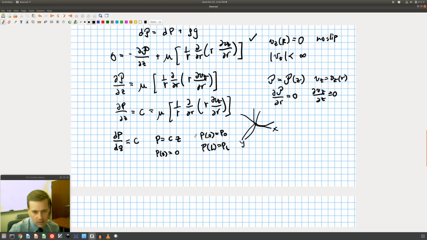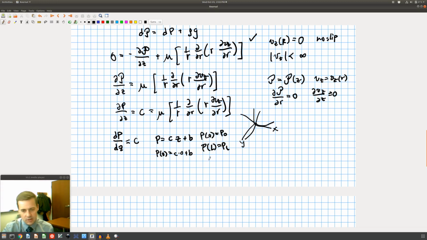I missed something, didn't I? Oh, I totally missed something. Let me back up here. When I did this integral, I totally forgot to add another constant. That's why I was getting confused here. So when I take this integral, I have c times z, and I forgot to add some other constant. I'll call that other constant b. So now when I put in p0, I get c times 0 plus b, so b has to equal p0.